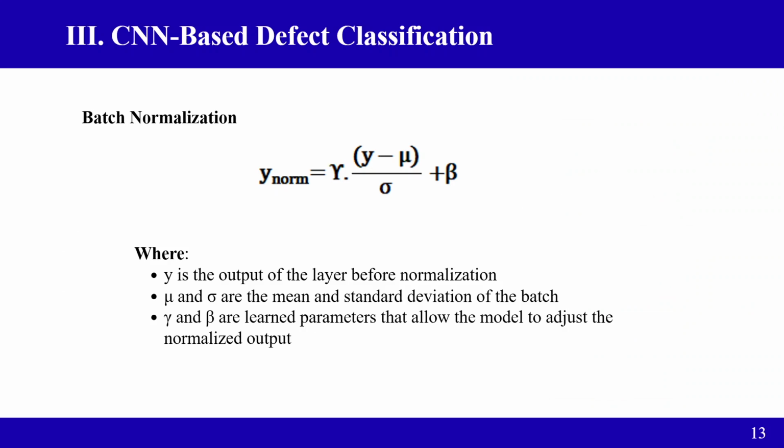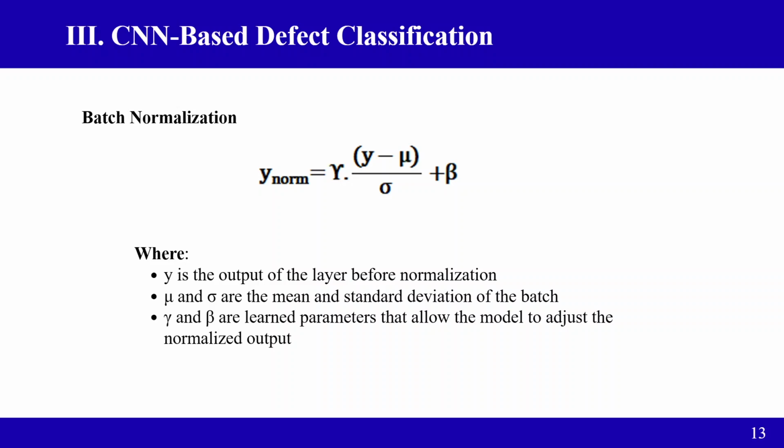And now I will explain a bit about these methods that we used. The first one is batch normalization. It basically normalizes the activations within each mini-batch, then applies learnable scale and shift.